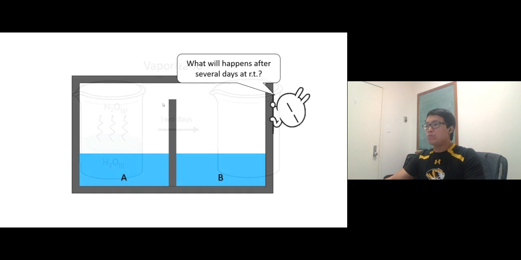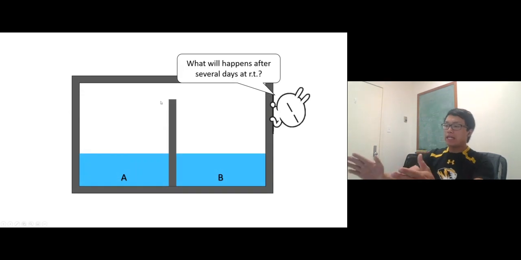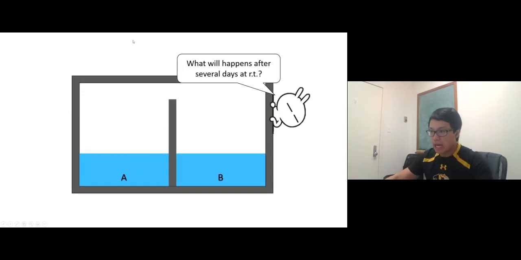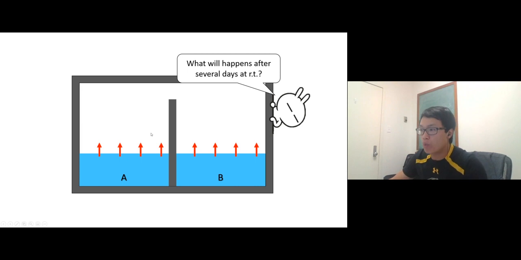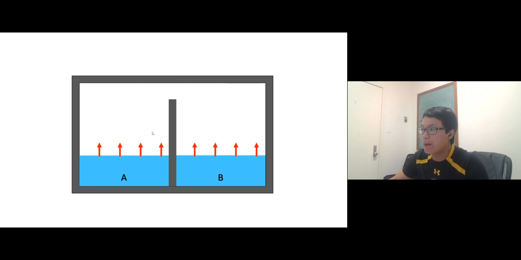All right. Now, if I do that in a two compartment, closed system, okay? So there's two compartments, compartment A, compartment B. So what will happen after several days at room temperature? Well, first of all, the water in compartment A and B will vaporize, right? The gas will assume the shape of the container, so it would expand, occupy the whole container. So water will go up, up, up.